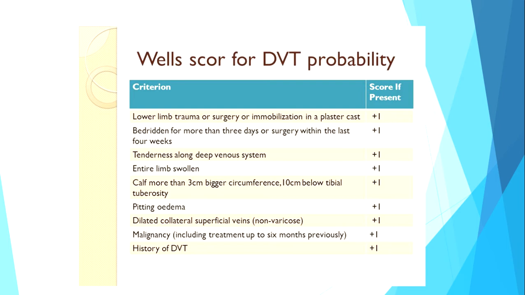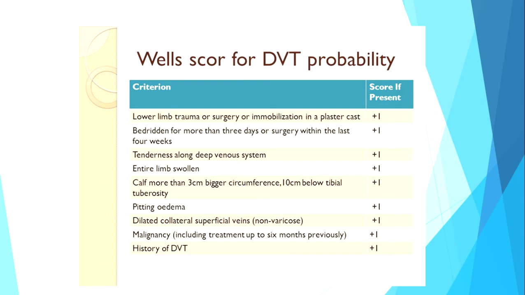We have a score which we can apply to assess the risk of deep venous thrombosis. It is called the Wells score. If we have lower limb trauma or surgery or immobilization in a plaster cast, score +1. Bedridden for more than 3 days or surgery within the last 4 weeks.